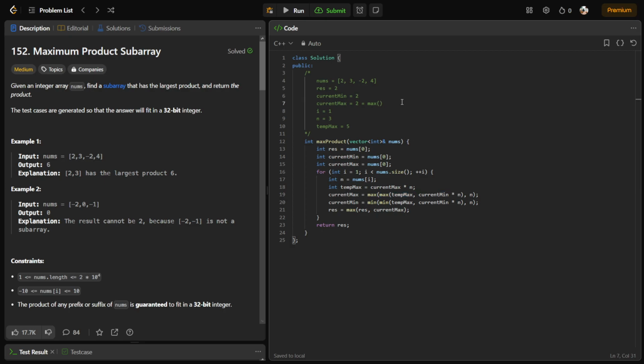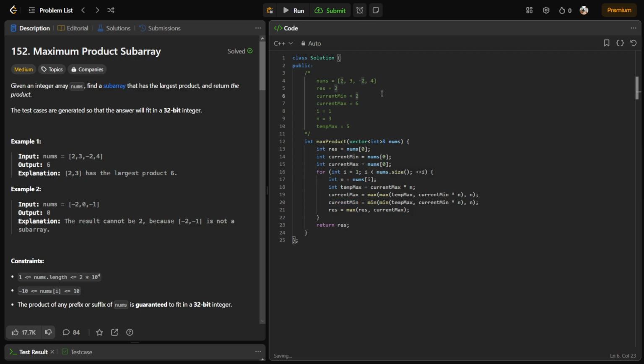So I'm looking at temp max, which is 6, current min times n, which is 2 times 3, and n itself, which is 3. The maximum of these 3 is 6.